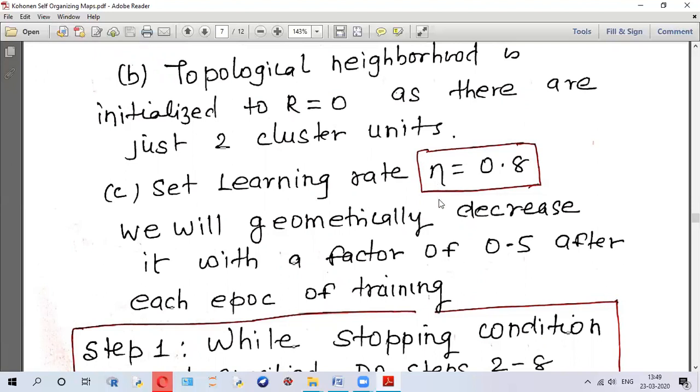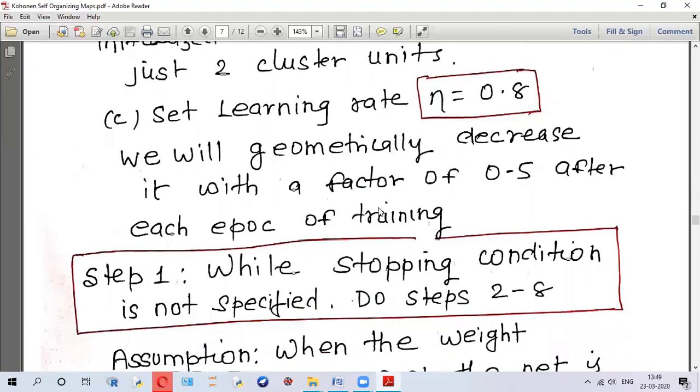But over here, we would be decreasing it with a factor of 0.5 after every epoch of training, because we want to ensure that whatever input pattern comes in gets clustered as precisely as possible. So we will be decreasing this learning rate after every epoch. We'll come to that later on.